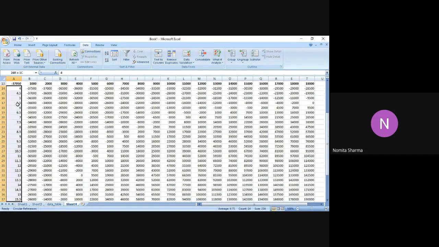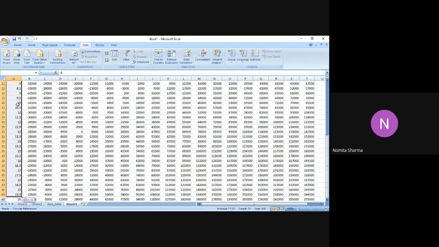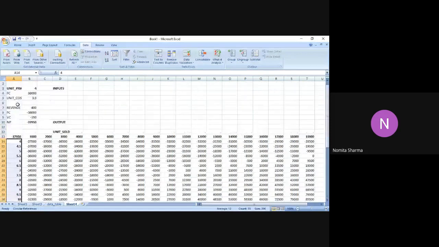Now just imagine if you have to do the same thing manually. I'm very sure it will take you maybe more than 2-3 hours, even if you're very good with numbers and you're very good with the manual calculation, right? But I suppose in today's time, when we have technology, when we have these new techniques, it's always advisable to use a technique to save your time and get the result there and then.